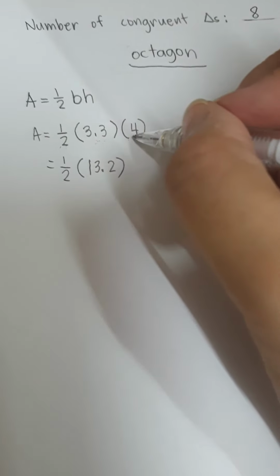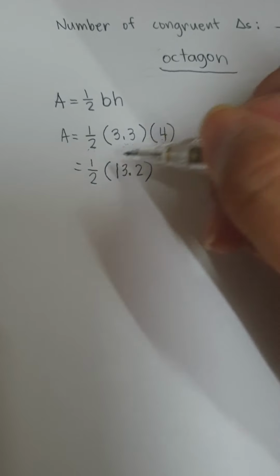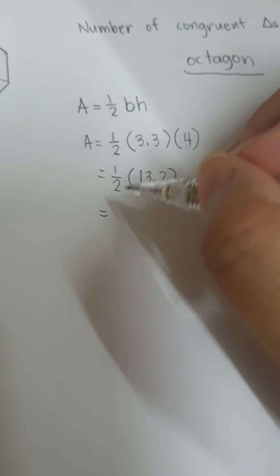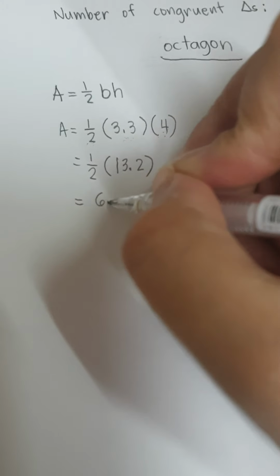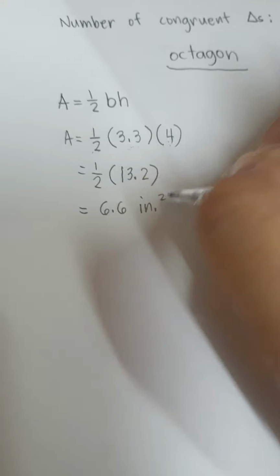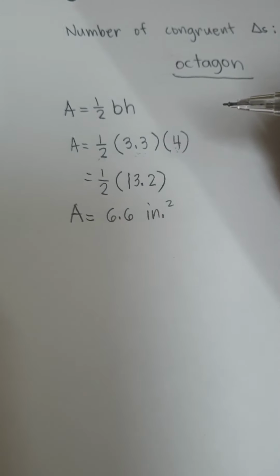After finding the product of 3.3 and 4, then we will find its half. And half of 13.2 is 6.6. So that means the area of one triangle is 6.6 square inches.